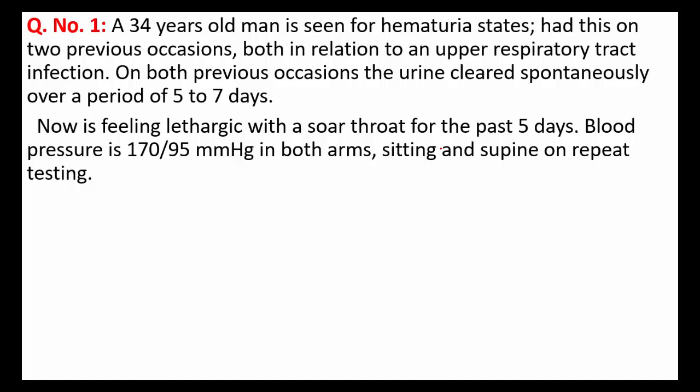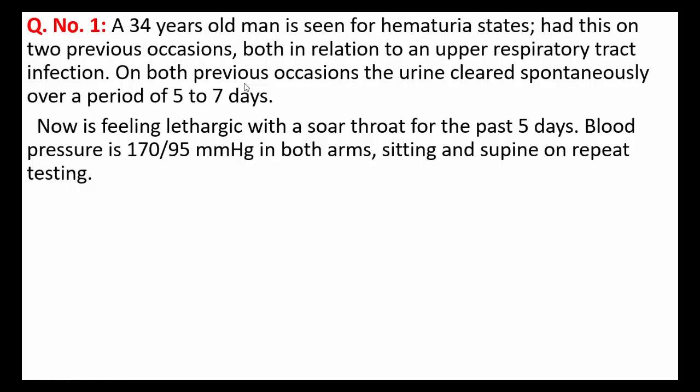Okay, we see here the classical signs. What happens in IgA nephropathy is the presence of dysmorphic RBCs in the urine, which suggests glomerular hematuria. The two common presentations of patients with IgA nephropathy are episodic gross hematuria and persistent microscopic hematuria.